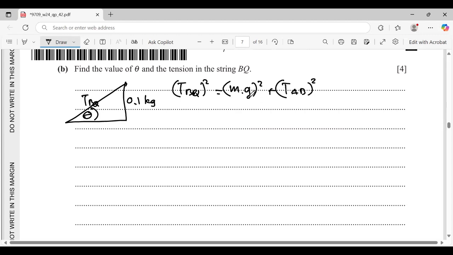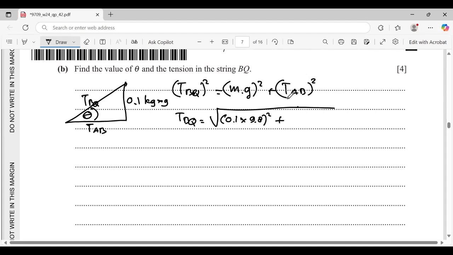Okay, so tension BQ equal, this is mg is one, this is tension AB. So the tension BQ you can find through this is 0.1 times g here, because m times g times 9.8.